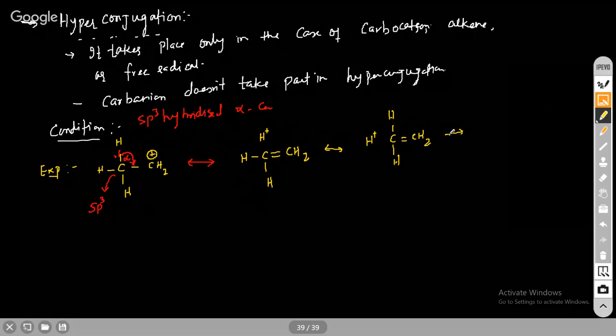And the last one will be this. CH2. This structure we get when this bond pair comes over here. This structure we get when this bond pair comes over here, right? So these are the hyperconjugative structures.